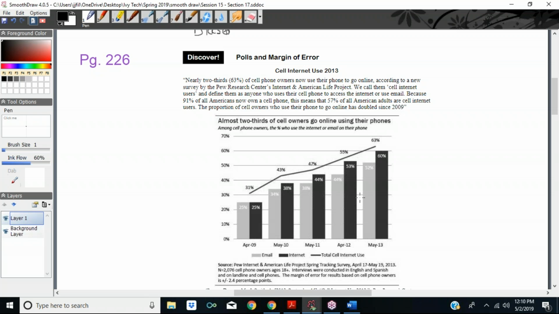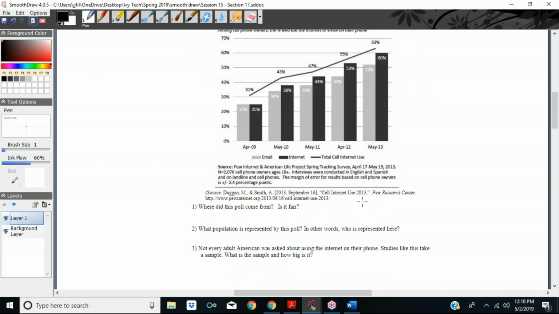So it says here, where did this poll come from? It's really asking, who conducted the poll? So who conducted this poll?